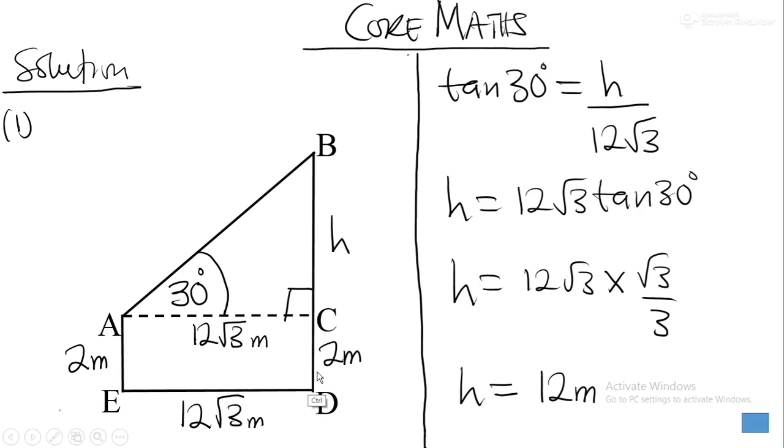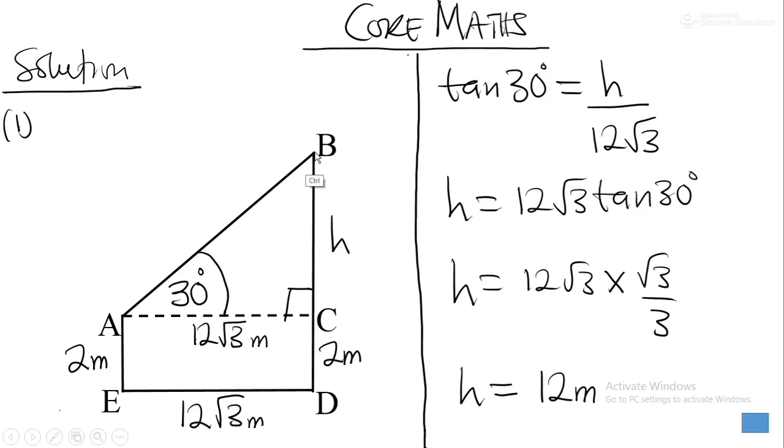Good. Now, we were to find out the height of the flagpole. Now, BD is the flagpole. So to get the height of the flagpole, we realize that we have to add BC to what? To CD. So when we add BC to CD, we'll get the height of the flagpole. We already have CD here, which is 2 meters.